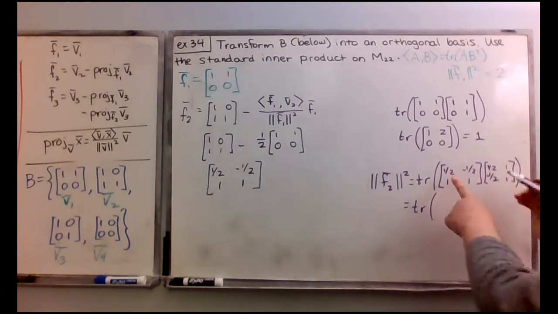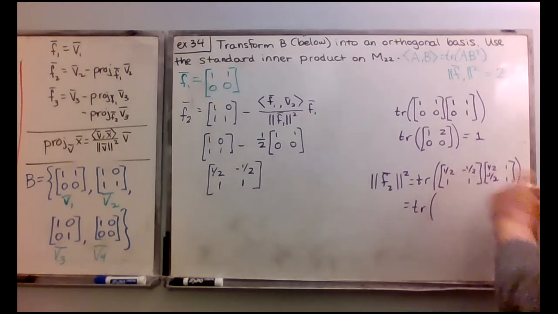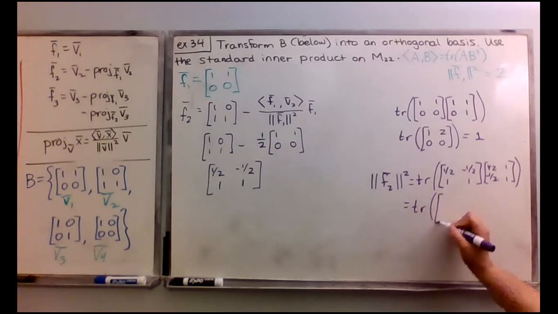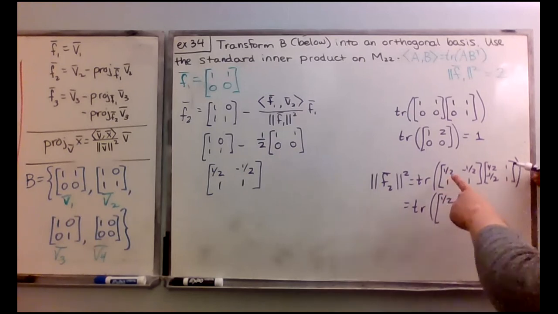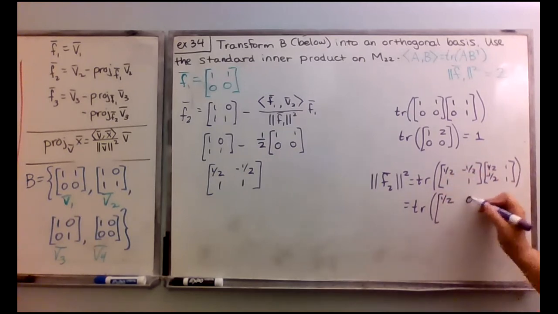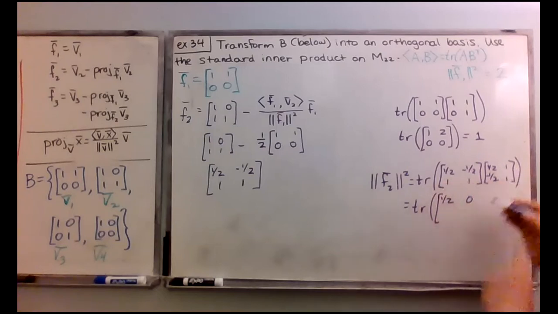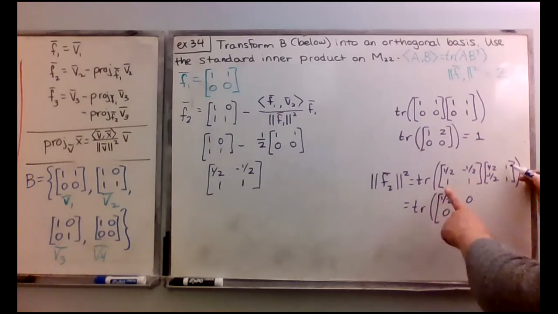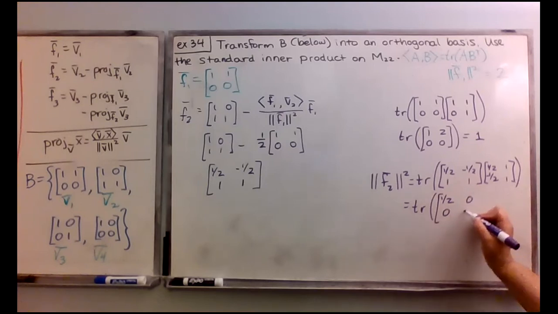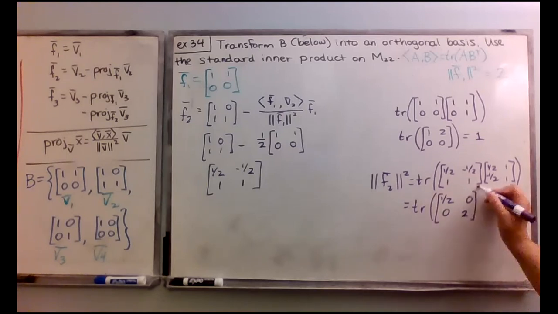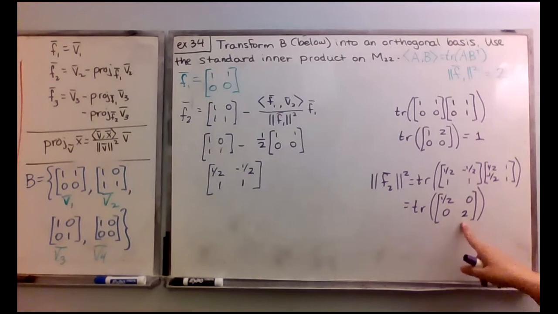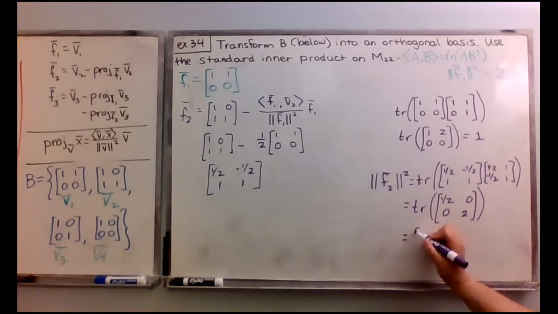Okay, so 1/4 plus 1/4 is 2/4, or 1/2. A half minus a half is 0. A half minus a half is 0. 1 plus 1 makes 2. So we're going to get 2 plus a half, which is 2.5 or 5 halves.